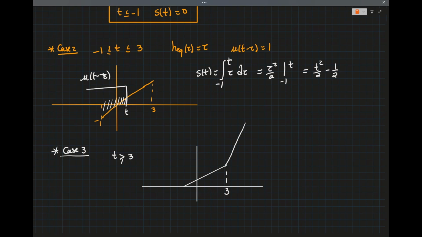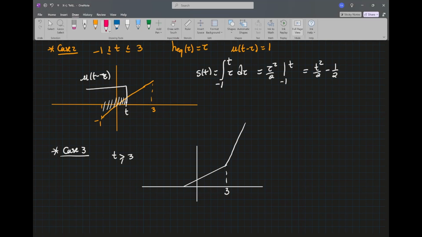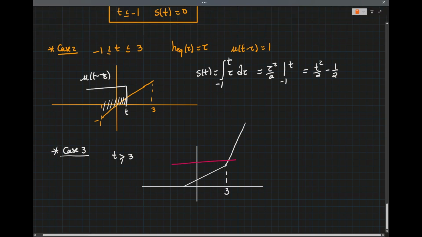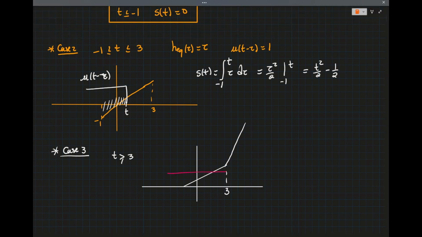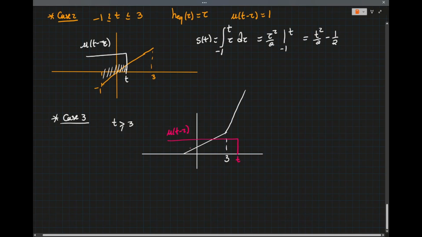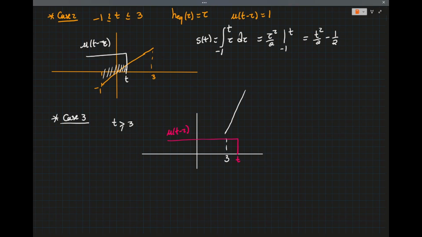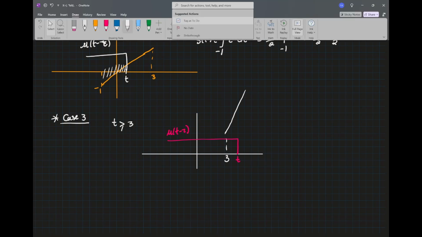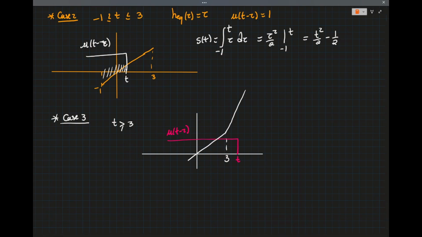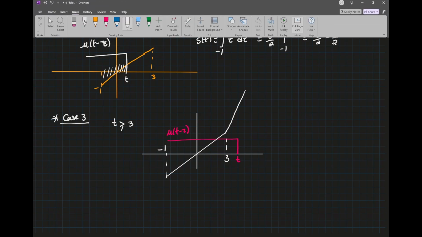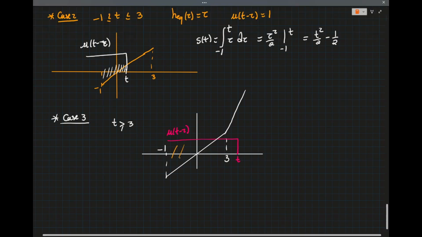So let's say this is 3, and this is t. This is u of t minus tau. So the overlap is, oh, I did not sketch this correctly. So the other graph is like this up to -1. So the overlap is going to be this.